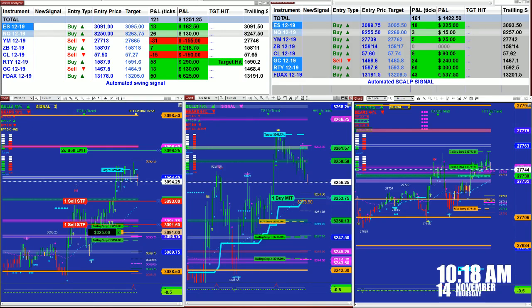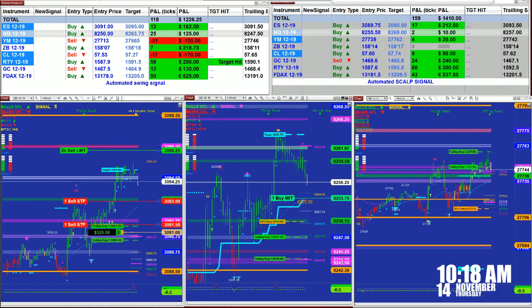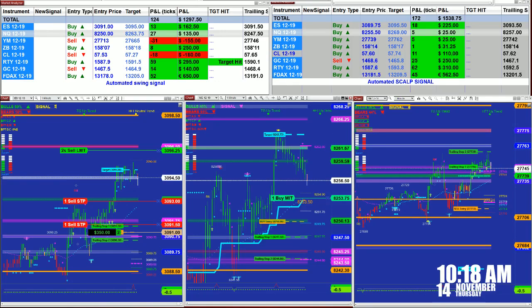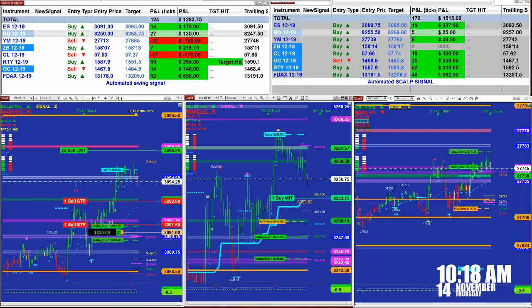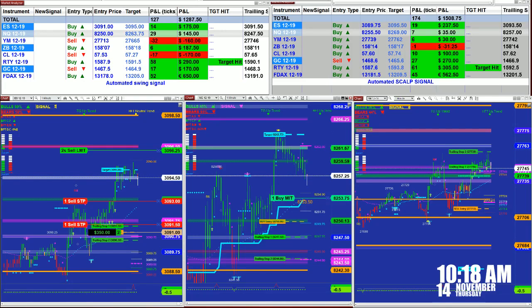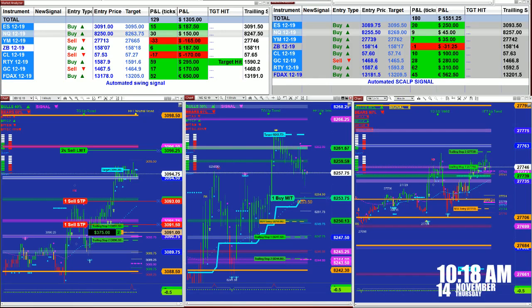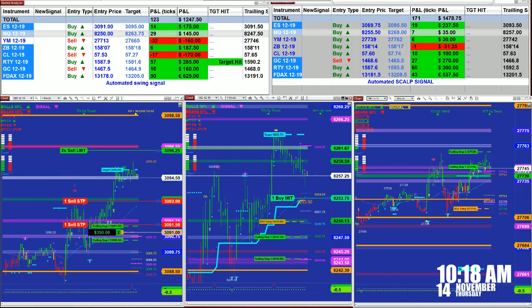Now, when we have a position on, what I'm trying to do is, guys, a clean cut automated trade is not gonna cut it for you. We have around 10 automated trades in your package, but a clean cut automated trade without you looking at the chart is not gonna do it for you, because you are at the mercy of the market movement, and when there is no market movement, you're not gonna be making money.